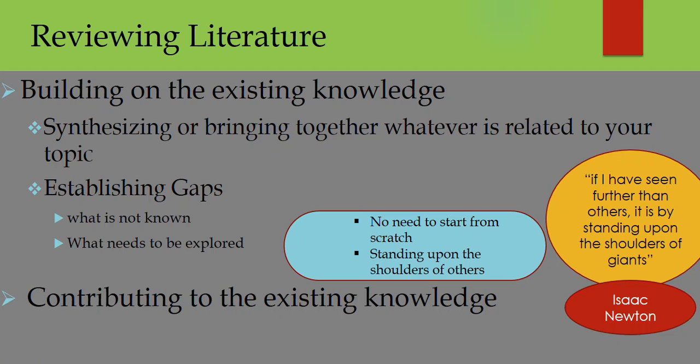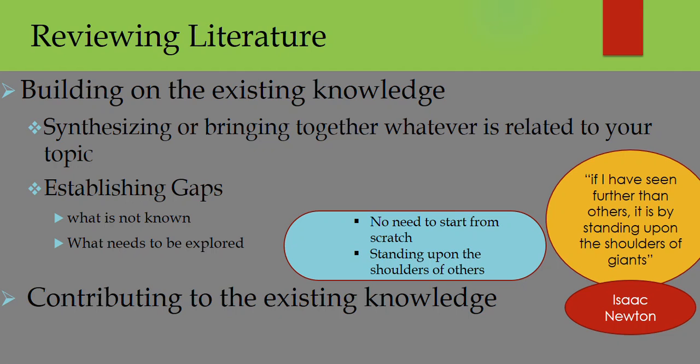The other important thing about reviewing is that you should necessarily record others' ideas and report others' ideas. When you review the literature, you want to build on the existing knowledge.